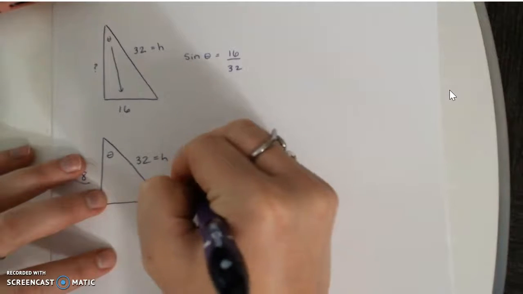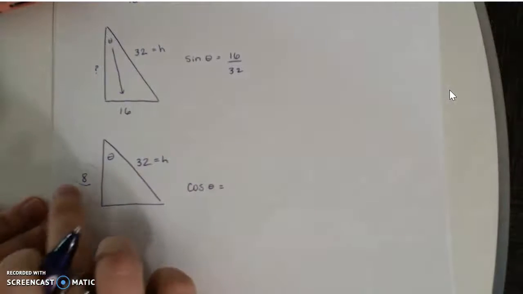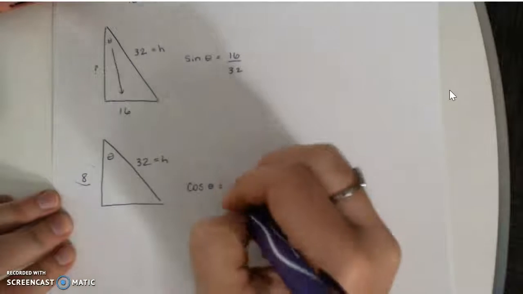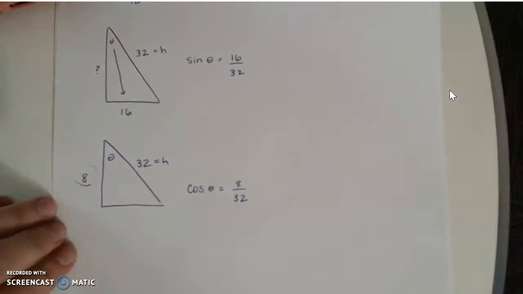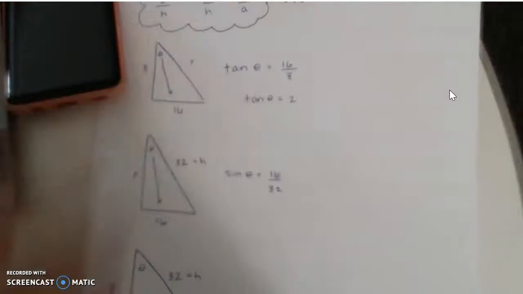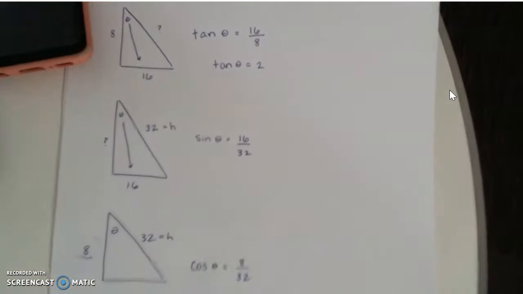And cosine is my adjacent over my hypotenuse. So that's our three identities, exactly what we were doing in class, except we're having to decide which trigonometric identity we will use.